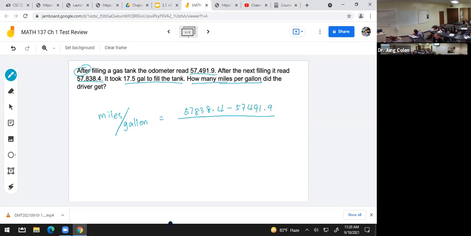That's the difference. And for that, how much gas did he use? How many gallons? 17.5 gallons. Then we are done, right? I will just use a calculator to do that. Whatever answer you have, that's the miles per gallon. So I don't have to do this part, right? Once you know how to do that, you can just use a calculator. Any question for this one? Okay. So that's the gas mileage.